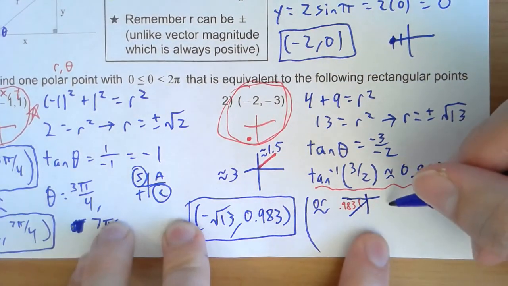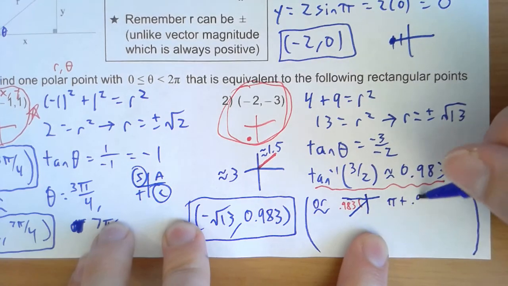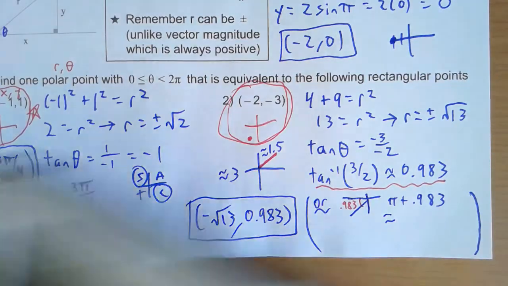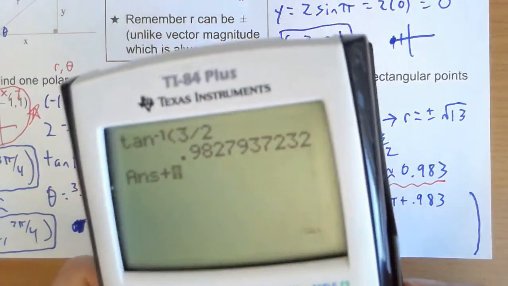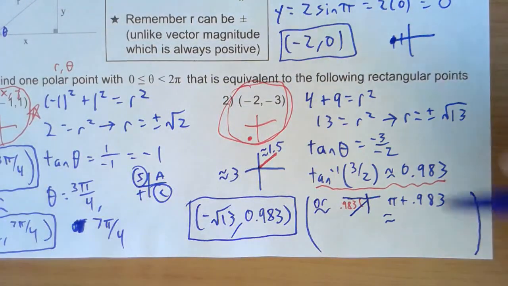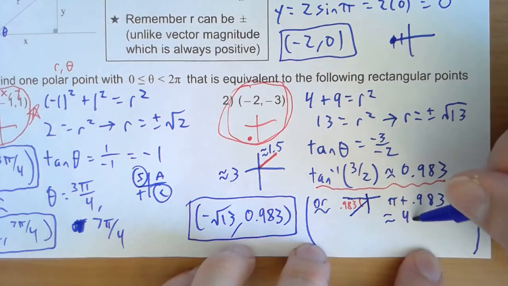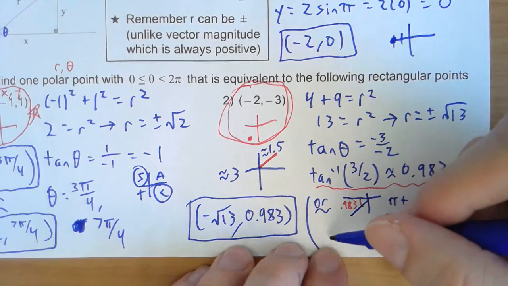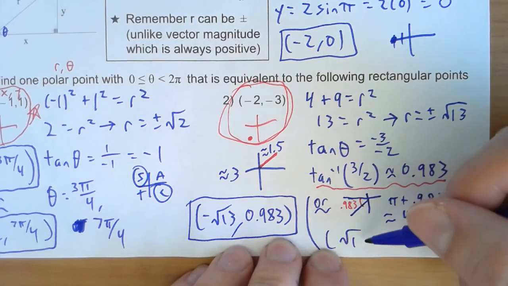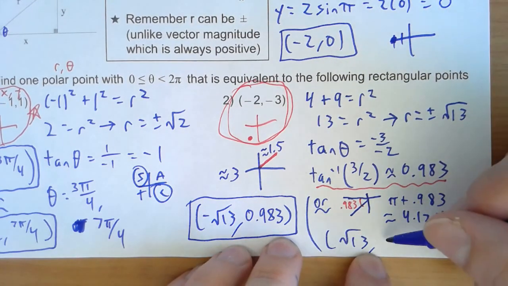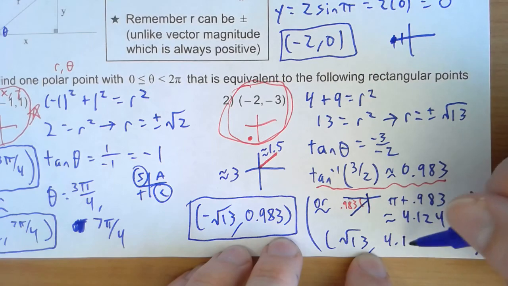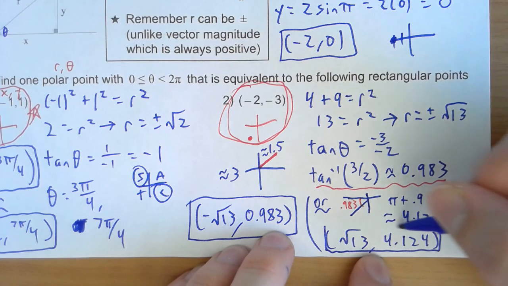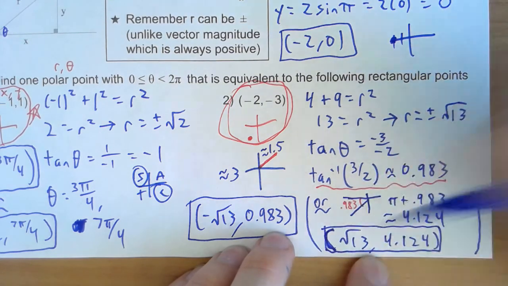And so to find your angle, you would do pi plus 0.983. Go on your calculator, add pi to that, and get about 4.124. So that would be the third quadrant option. And so if you had a third quadrant angle, that would be where you could use the square root of 13 positive. So either point would be perfectly fine. You only have to give us one.